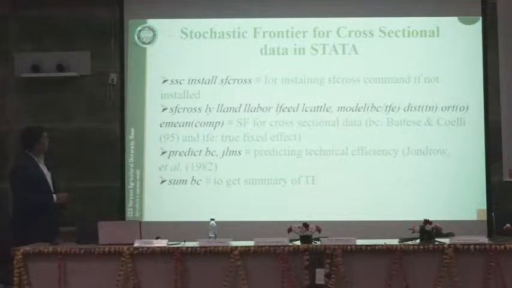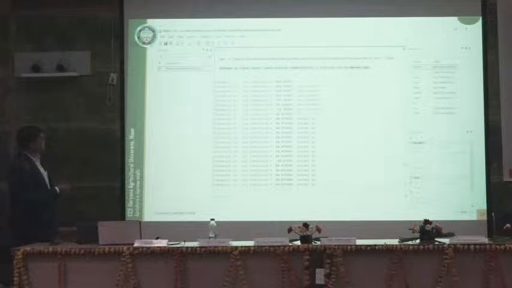So how to use this command? Simply write the command, then dependent variable, and then independent variables, then model. Which model you want to check? You can use BC model, you can use a TFE model. There are some other models also.